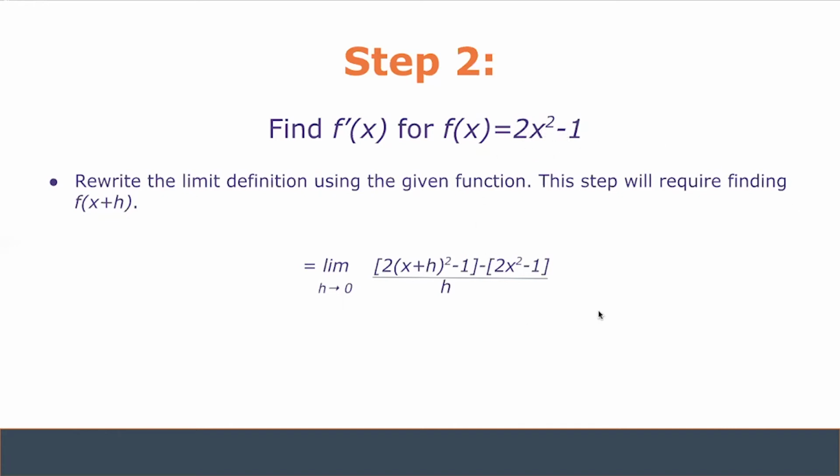And then you're subtracting just your original f of x, which is just your 2x squared minus 1. All of this always remains over h, so it's sometimes easy to forget to include the h as a denominator, so be sure to just focus a little bit extra on including this important variable. Another note is that after you write out the first step, you don't have to keep writing f prime of x, you can just write an equal sign with the limit and the function.